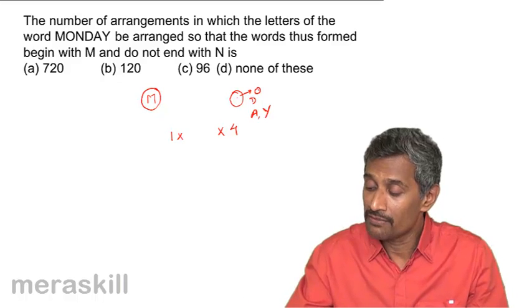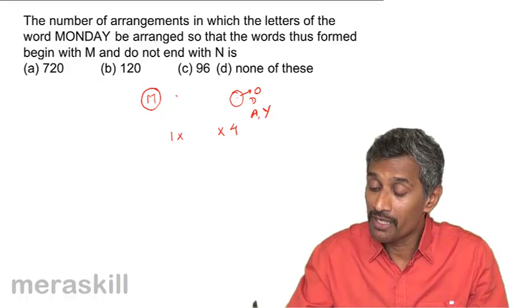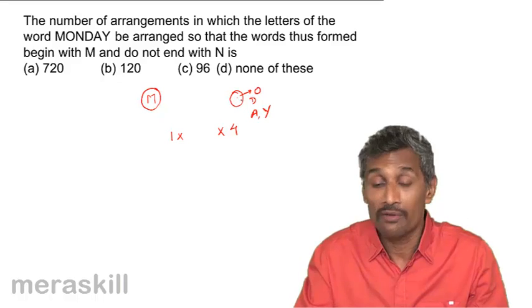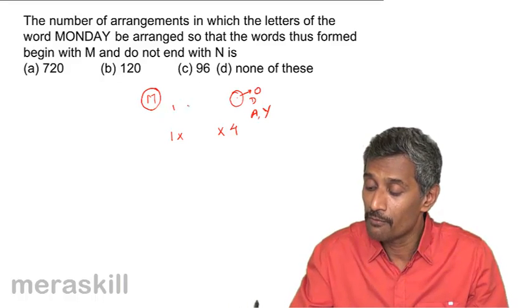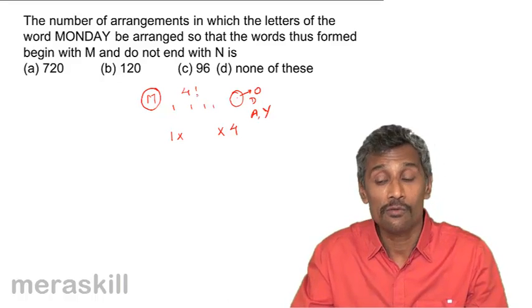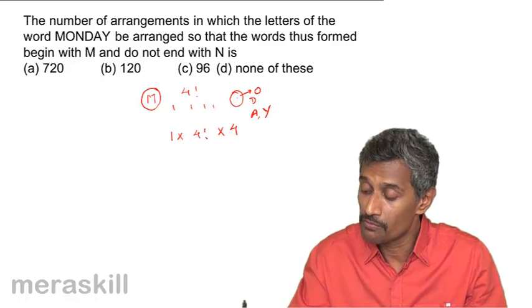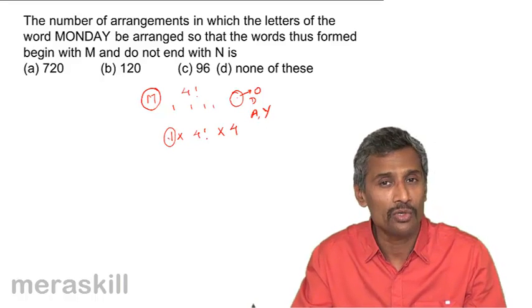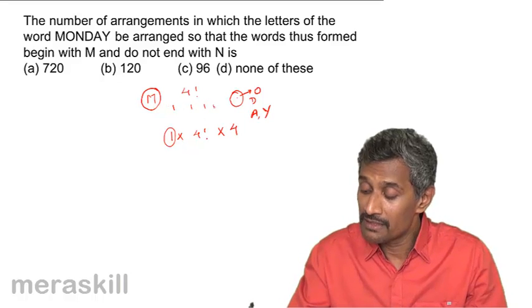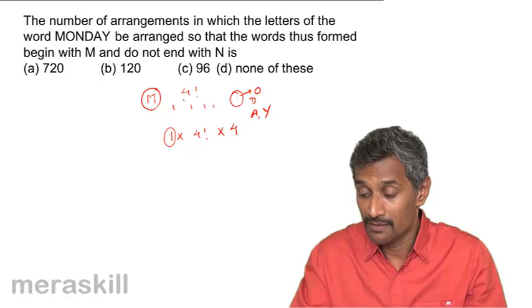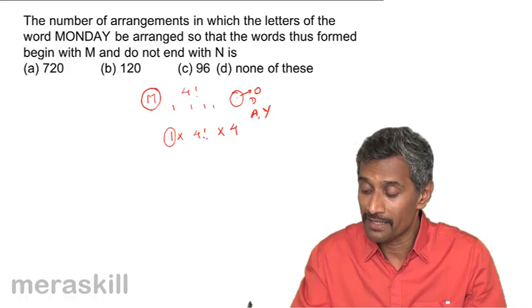So there are 4 ways in which it is occupied, and the first is occupied only in one way. And if one of them goes over here, that is N, how many letters do we have remaining? 1, 2, 3, 4, 5, 6. Out of that, 2 of them have gone. So the remaining 4 places are occupied by the remaining 4 letters in 4 factorial ways. That is, the first position is occupied by M, which is only in one way. The letters in between can be occupied by the letters including N in 4 factorial ways.